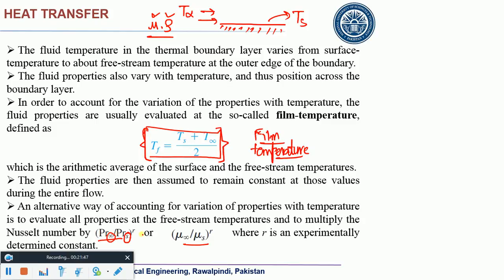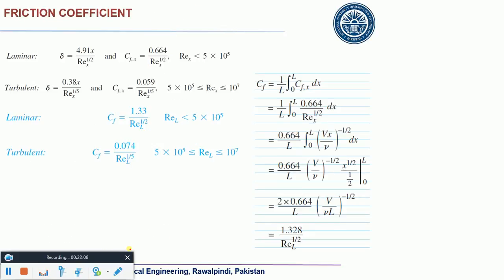But there is again a thing that if you want to find out Prandtl number at surface temperature, you would have to go back to that quantity. Okay, so this is just an alternate if you want to use it, no problem at all. So this is the point. Either you go for that film temperature or this alternate. Both of those things would give you, you can say, acceptable results.